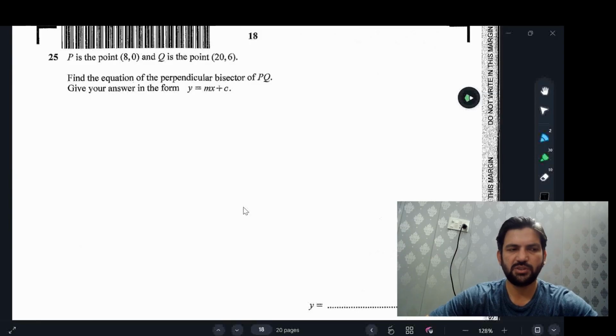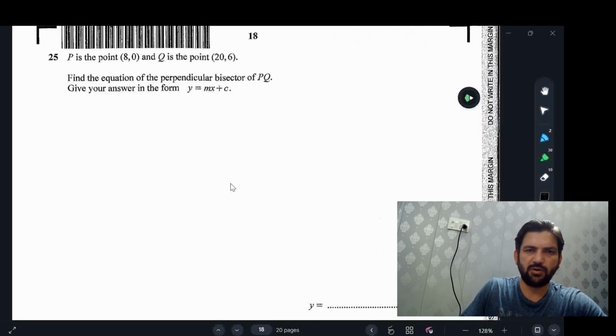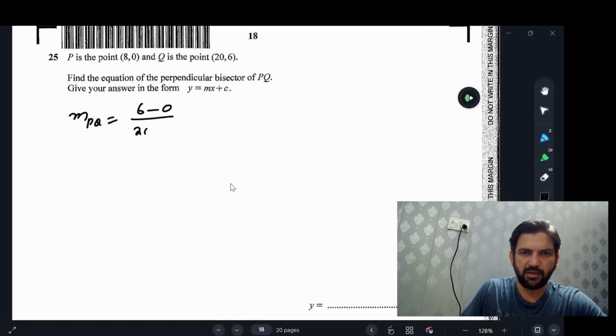Let's move to question number 25. Now in question number 25, P is the point 8, 0 and Q is the point 20, 6. Find the equation of the perpendicular bisector of PQ. Now we know that the gradient of PQ will be equals to 6 minus 0 divided by 20 minus 8, 6 by 12, which means not 1 by 12, 1 by 2.